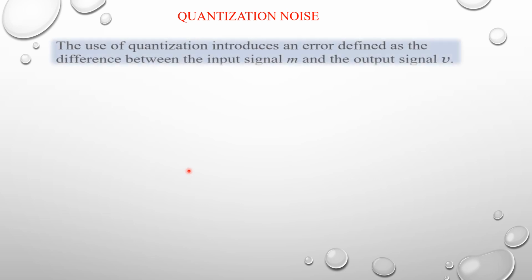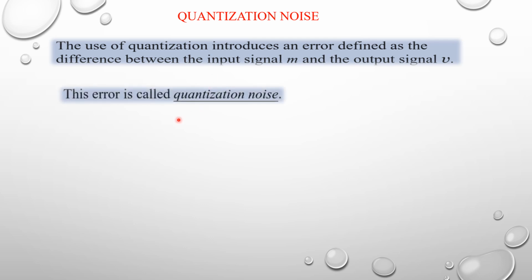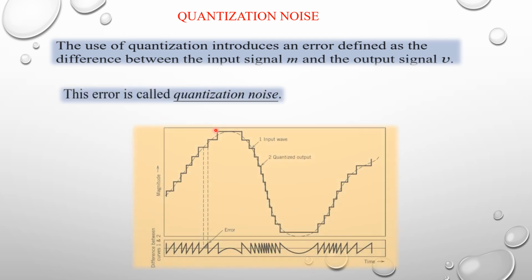Now we will look into quantization noise. The use of quantization introduces an error, defined as the difference between the input signal m and output signal v. This error is called quantization error or quantization noise. Let's consider the input wave, and the quantized output.